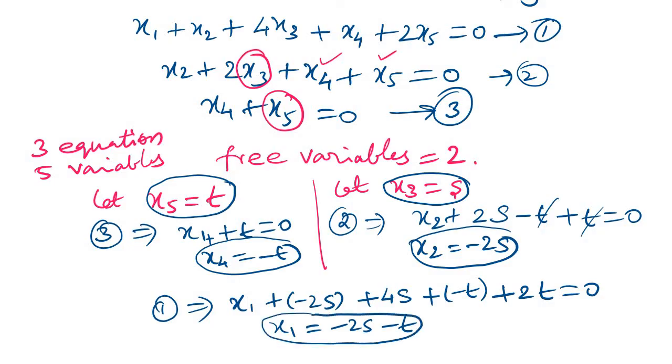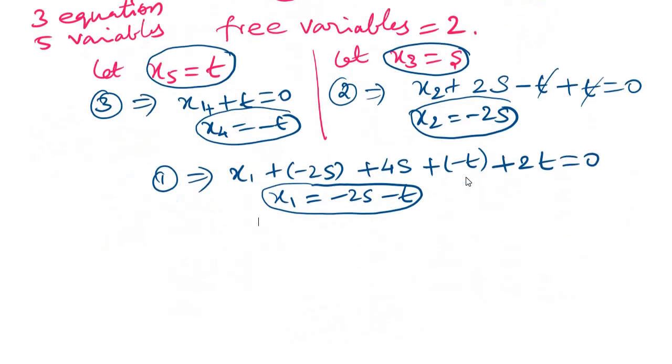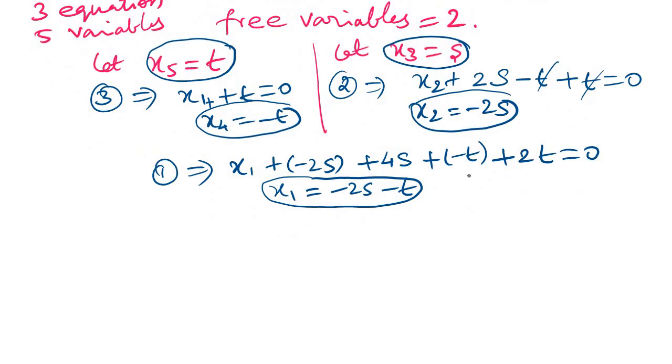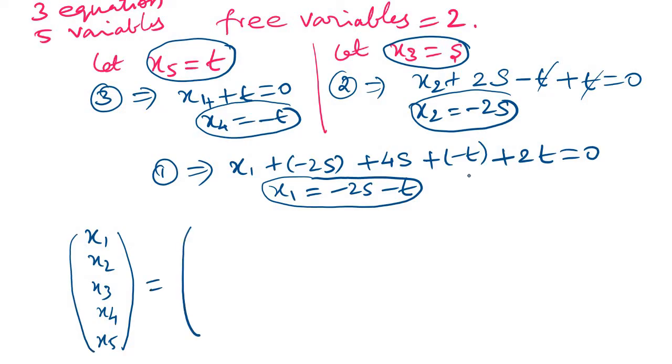Now we get the solution of the variables. So solution x1, x2, x3, x4, x5 is nothing but minus 2s minus t, x2 is minus 2s, x3 is s, x4 is minus t, x5 is t.